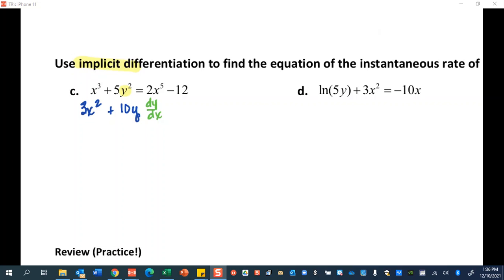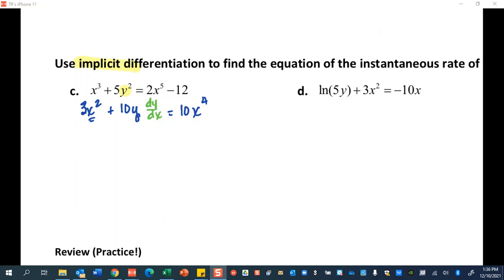I could add a dx/dx after I take the derivative of x, but that goes to 1. Are we all okay with that? All right, so that's going to be equal to 10x to the 1 less power. And then, of course, the derivative of negative 12 is 0.